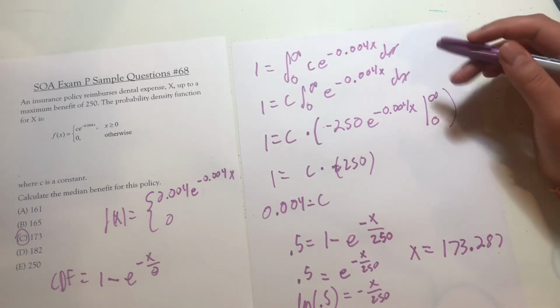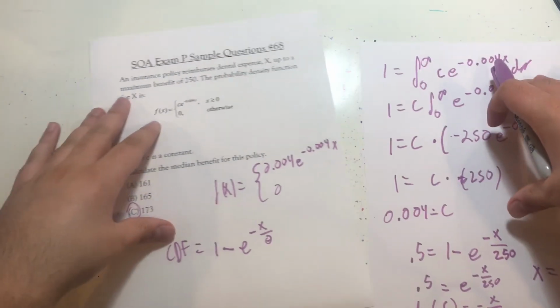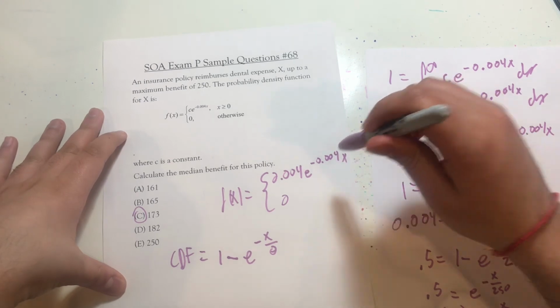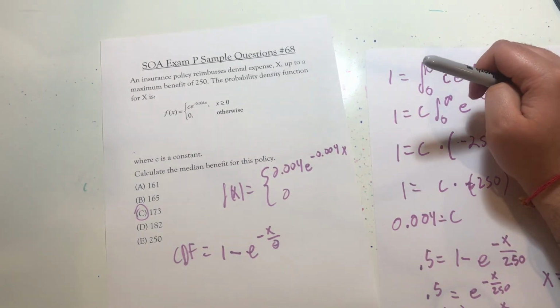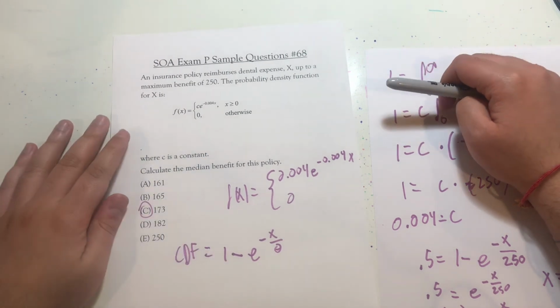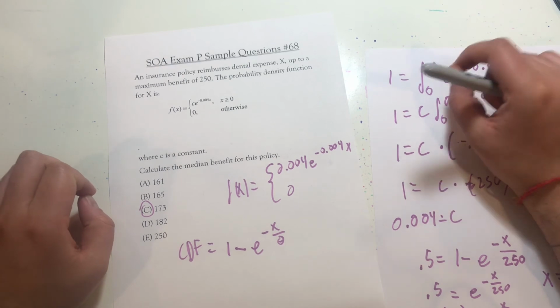From there, it goes kind of separate from what those other questions might do. It's super important to recognize this is exponential. It makes your life so much easier because for this question, a median is the value that causes your CDF to be equal to 0.5.